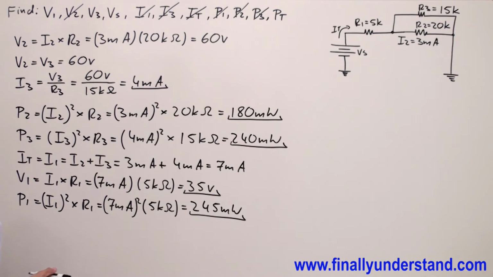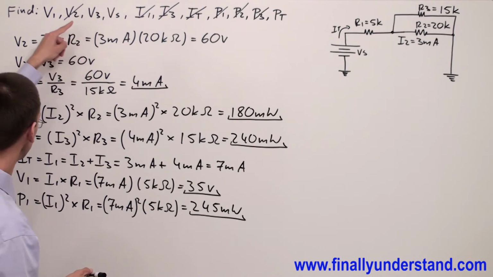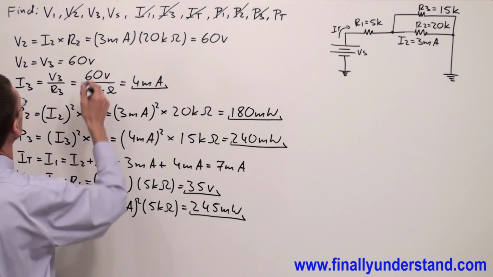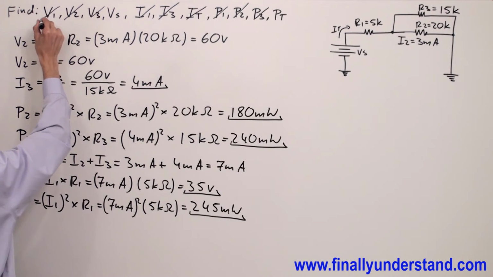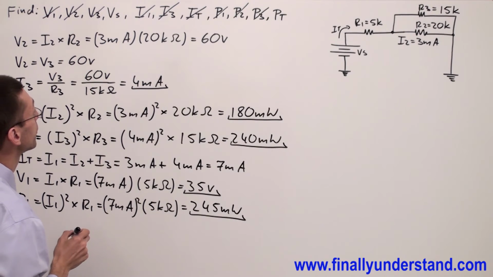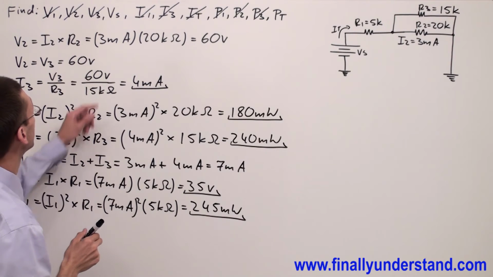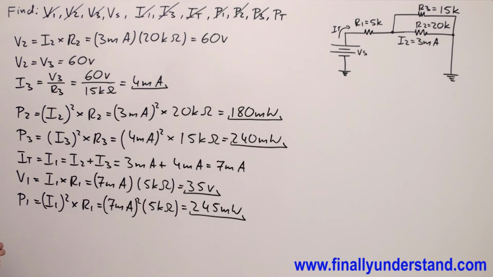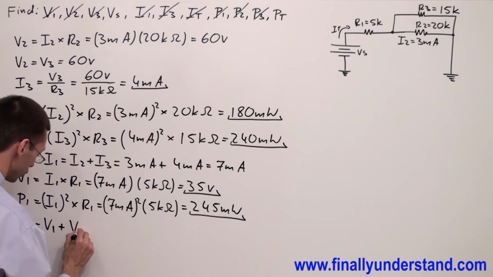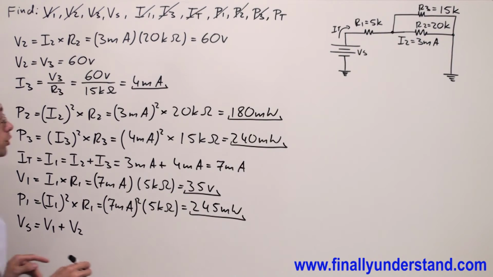And as for V3, we also found V3, so I can cross this out. We also found V1, I can cross this out. So next, we can find the voltage source. Okay, how can I find the voltage source? The voltage source is equal to the sum of voltages V1 plus voltage V2 or V3, or V23.